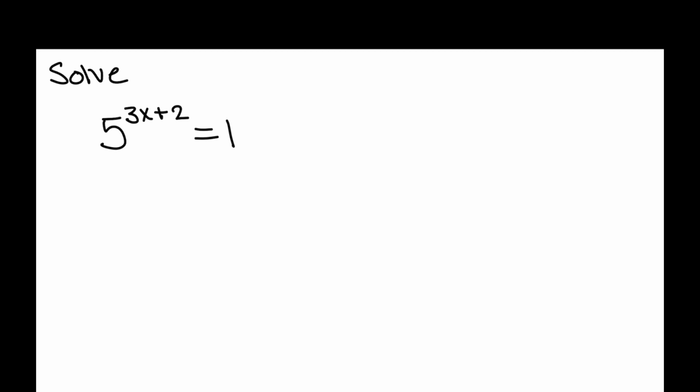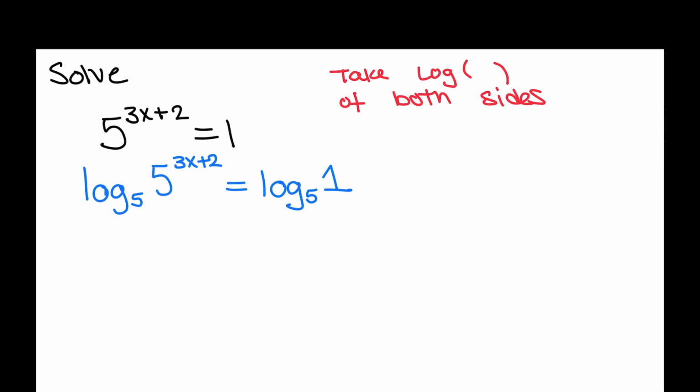The inverse of 5 to a power is log base 5. So to get rid of that exponential, I'm going to take log base 5 of both sides. That gives me log base 5 of 5 to the 3x plus 2 equals log base 5 of 1.